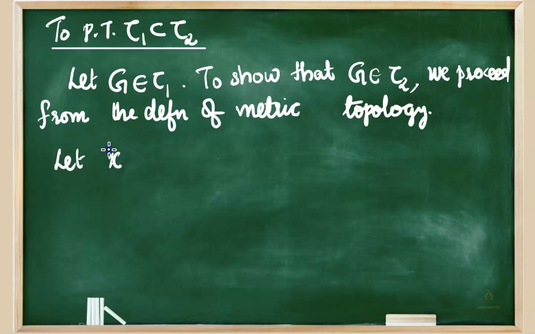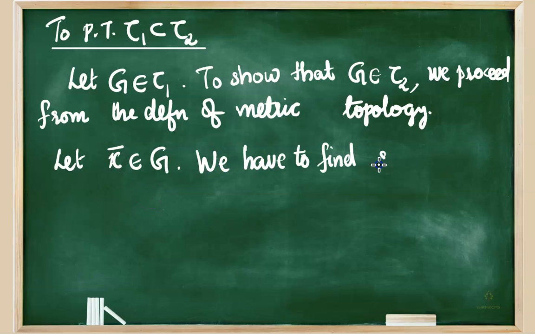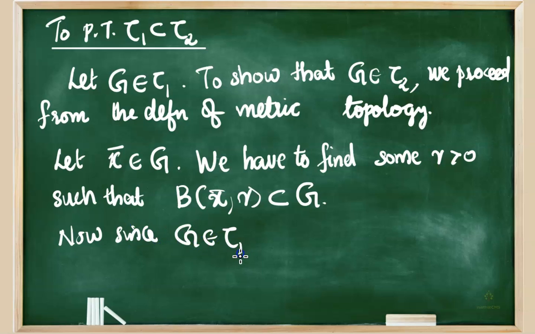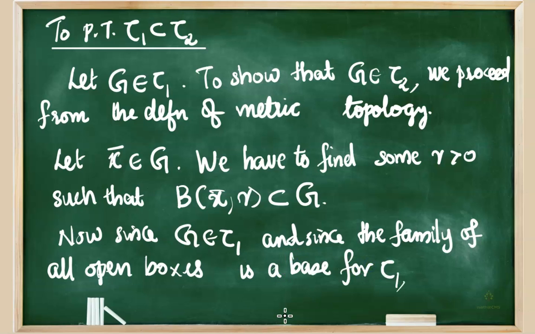Let x̄ be an element of the set G. We need to show that there exists an open ball centered at this point x̄, and that open ball is contained in G. That is, we have to find some r greater than 0 such that B(x̄, r) is contained in this G. Now, since G is an element of tau 1, where tau 1 is the product topology on Rn, and since the family of all open boxes is a base for tau 1, we can apply the characterization of bases here.